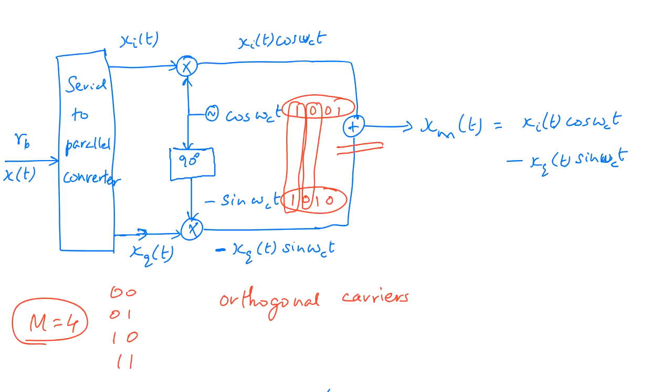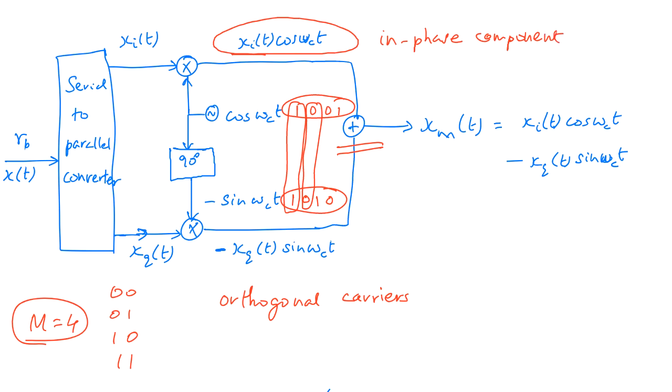Now, the upper part of this schematic, which is xi(t) cosine omega_c t, is called the in-phase component.